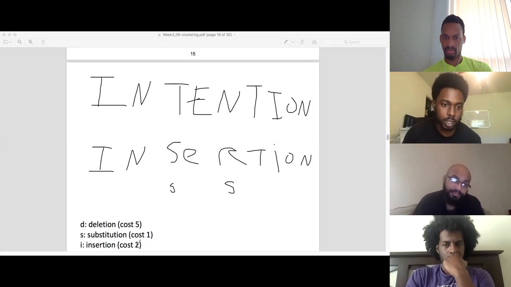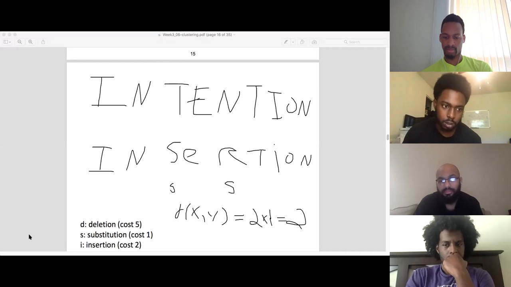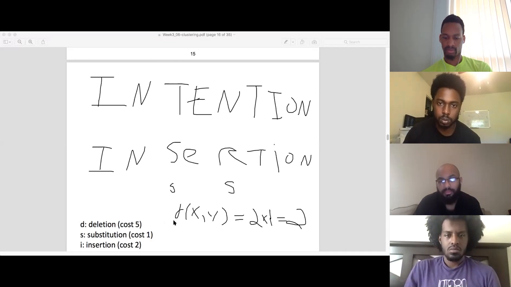So when I look at my dissimilarity function, D of X and Y, we have 2 substitutions. So I have 2, and the weight is 1, times 1, which gives me a total dissimilarity value of 2. Did we follow there?